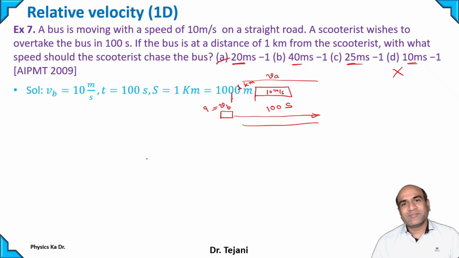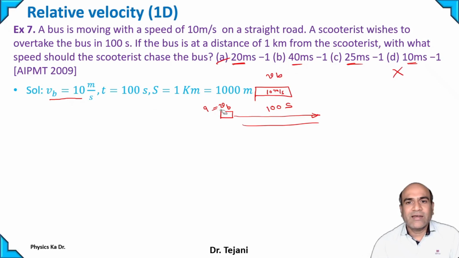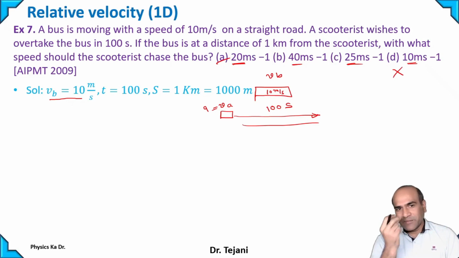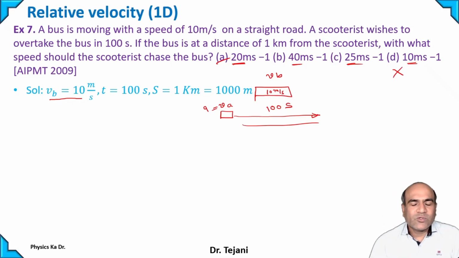Give me an idea. So we identify all the given data. First, VB is given as 10 meter per second. Let us assume this is B and this is A. So VB is given 10 meter per second, that is for the bus.